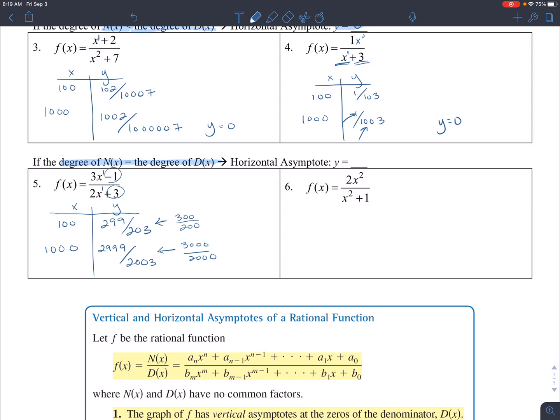So what this ends up being is y equals about 3 over 2, and it will get closer and closer to that as you plug in larger and larger values. So essentially, when the degree of the numerator and the denominator are the same, your asymptote is y equals the leading coefficient, or in this case, 3/2. So let's try that again on 6 and see what happens.